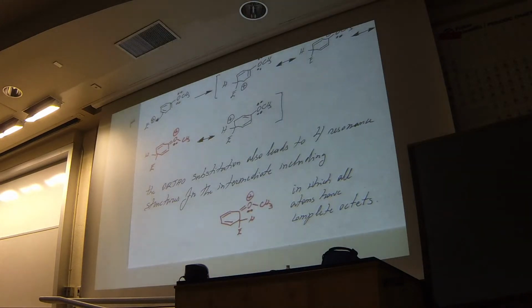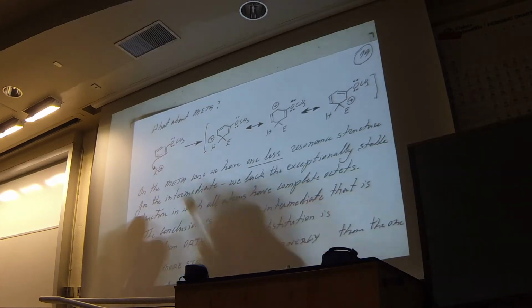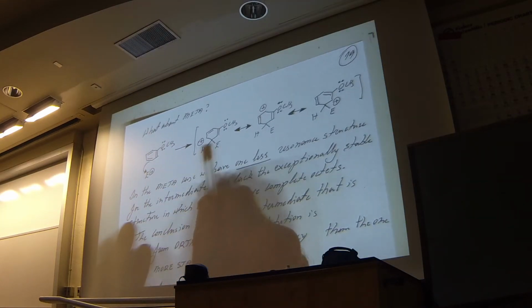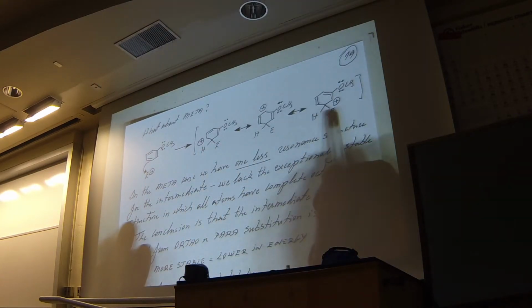Now, convince yourselves that when you do the same kind of substitution meta, you end up with 3 resonance structures, no red one, and no one where all of the atoms have complete octets.